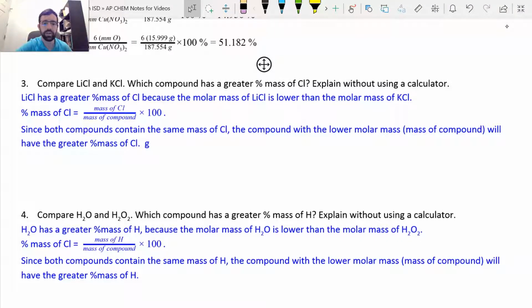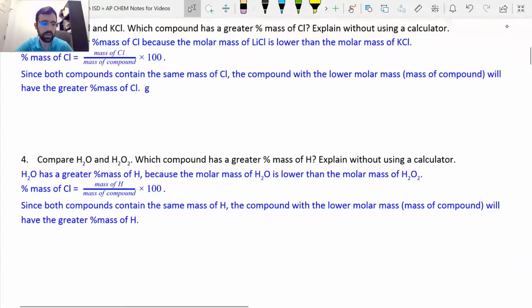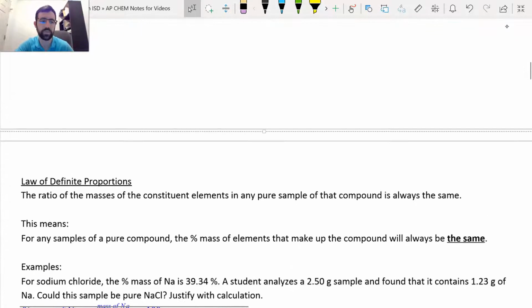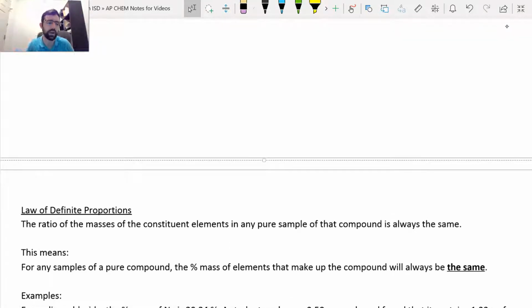So the compound that has a smaller overall molar mass is going to give you a higher percentage of, and that should say percent mass of hydrogen, not percent mass of chlorine. Sorry about that. But the explanation still stands.